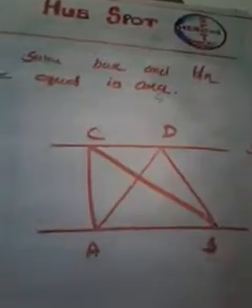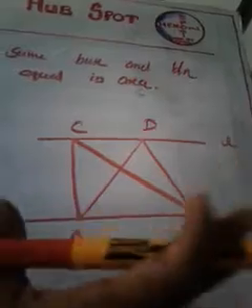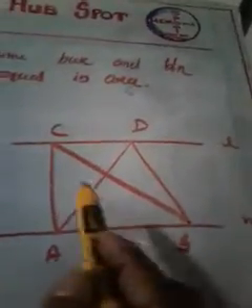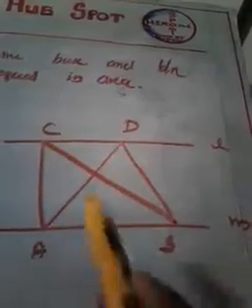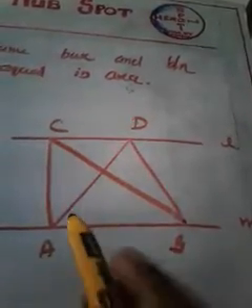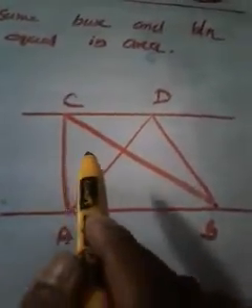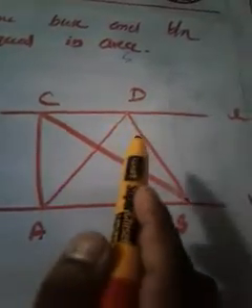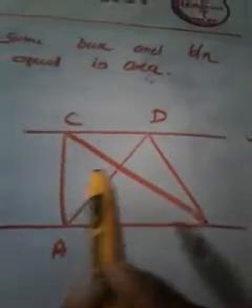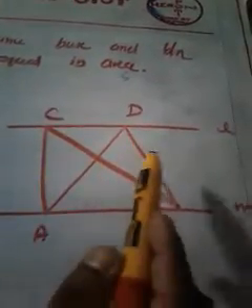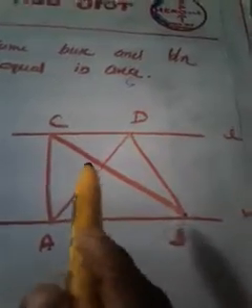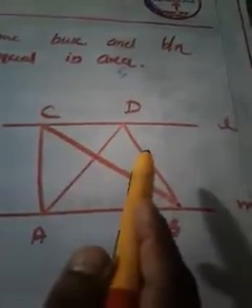If the condition is like this, that both triangles share a common base and are in between two parallel lines, then only can we say that the area of the first triangle is equal to the area of the second triangle. If both triangles are on the same base and in between the same parallel lines, then we can say that the areas are equal.